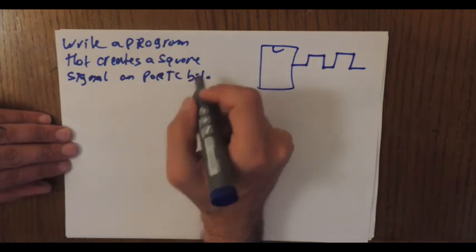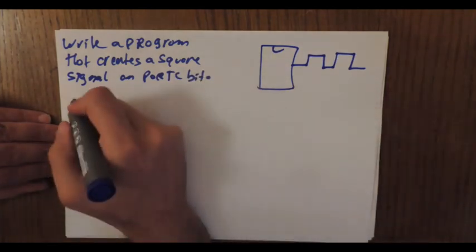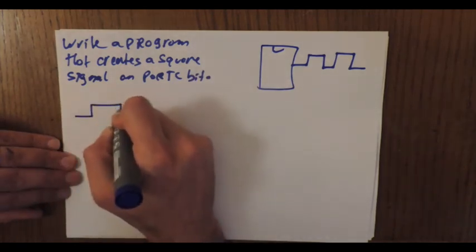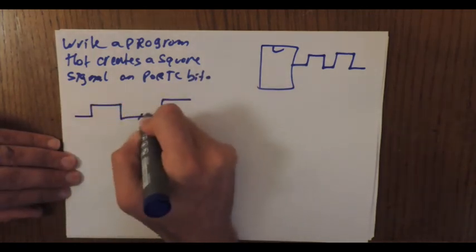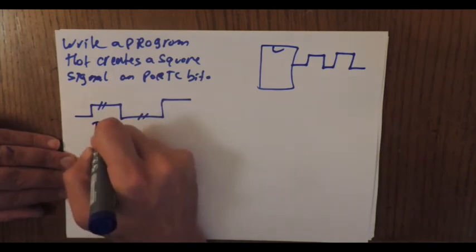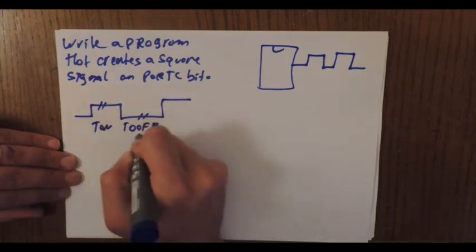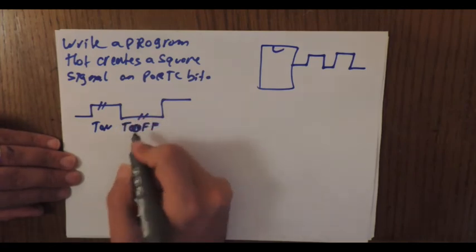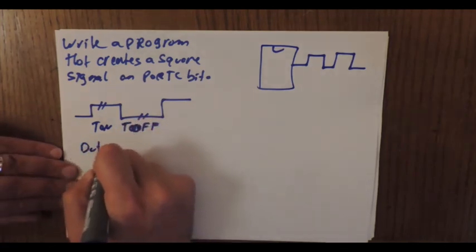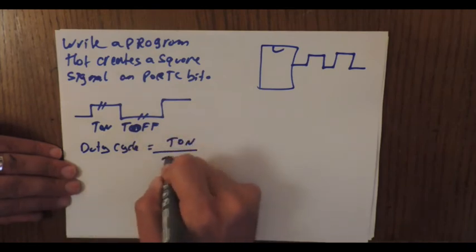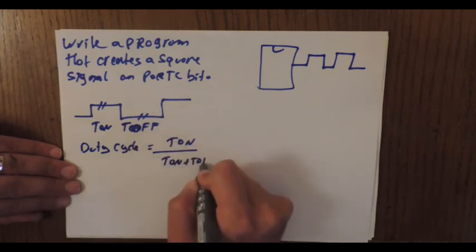So usually, when we say square signal, this means the high part is equal to the low part. So if you call this T on and this T off, the duty cycle is equal to T on over T on plus T off.